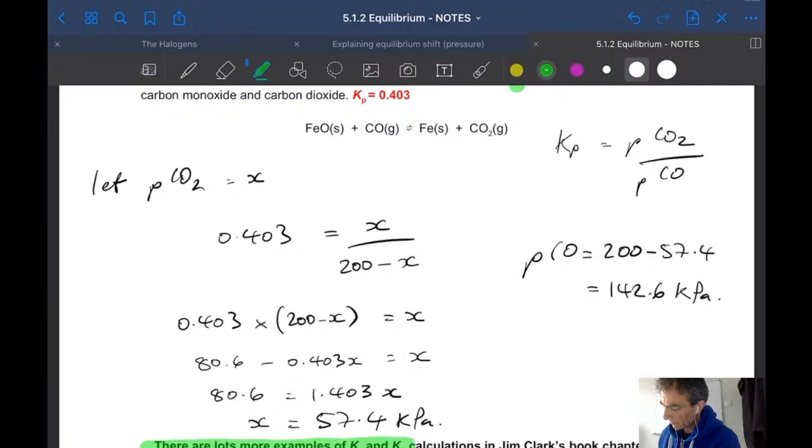I'll just make a note of this if you haven't come across. There's a really, really good textbook by a guy called Jim Clark, and it's basically if you want some extra calculations for your A-level chemistry, if you bought it new, I think it's about 21, 22 quid on Amazon, and it's basically 300 and odd pages worth of calculations just for chemistry.